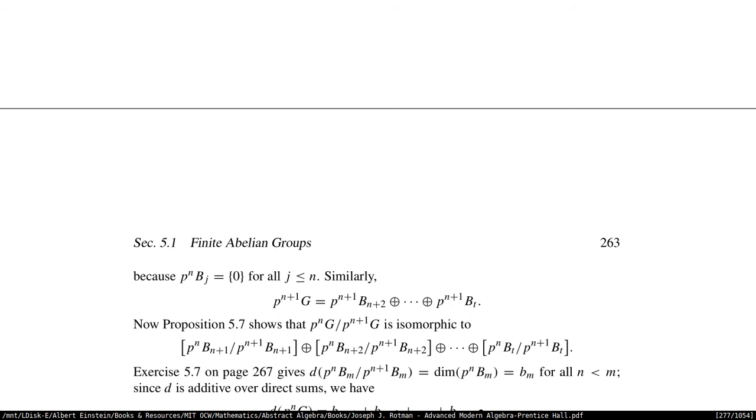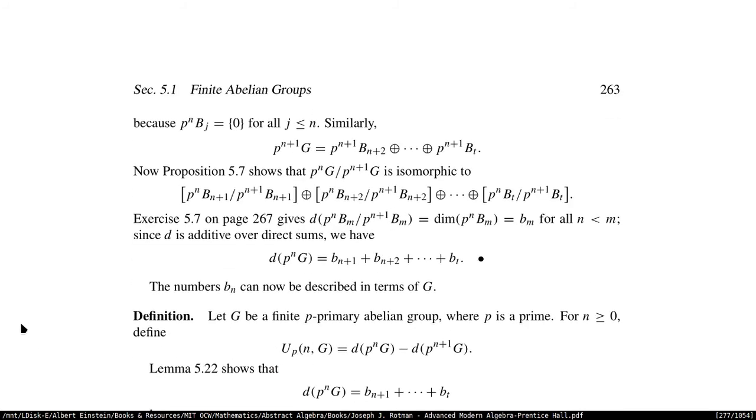So P to the n G mod P to the n plus 1 G is isomorphic to the summation of all these quotient spaces, right, of P to the n B mod P to the n plus 1 B, right? For all the B's you have from n plus 1 till t, right? So that's that.